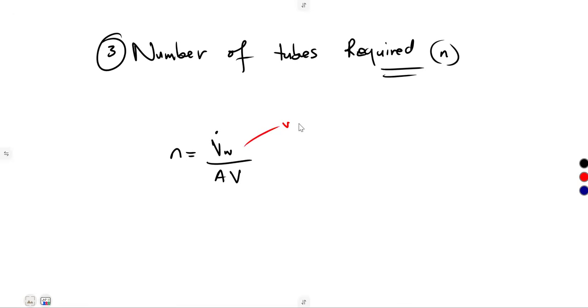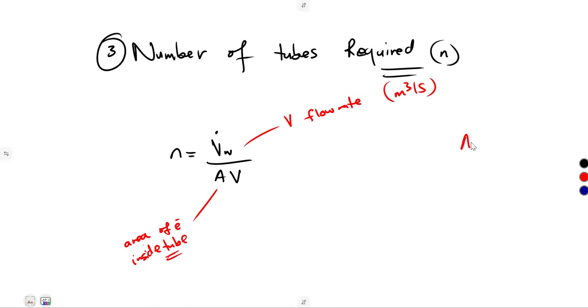Okay. Then let me just say V̇, flow rate, volume flow rate. So it's a flow rate, cubic meters per unit time. Then we have got the area, which is the cross-sectional area of the inside tube. So take note, it is the cross-sectional area of the inside tube. You'll be given that one, as we do understand area from diameter is πd² over 4.